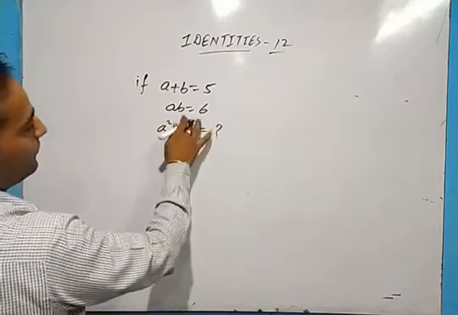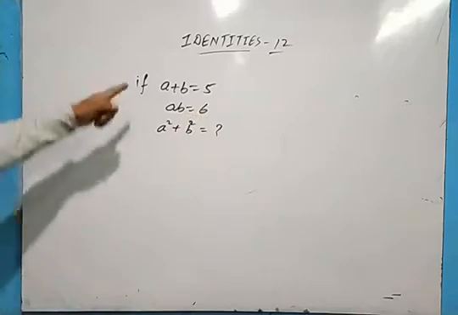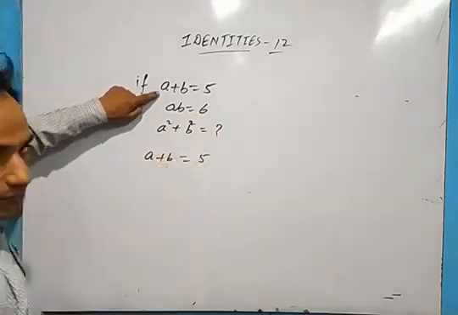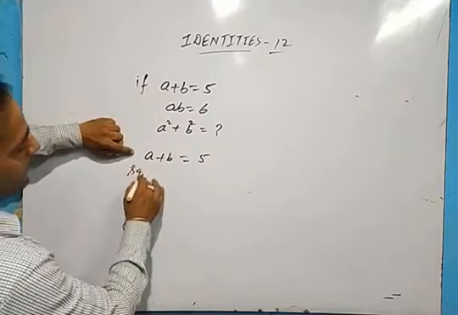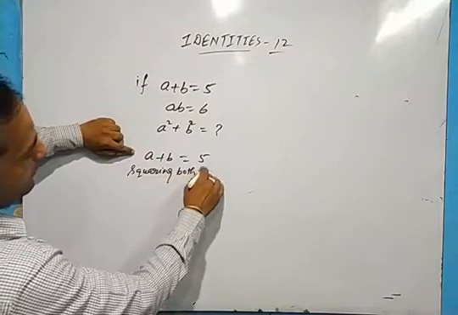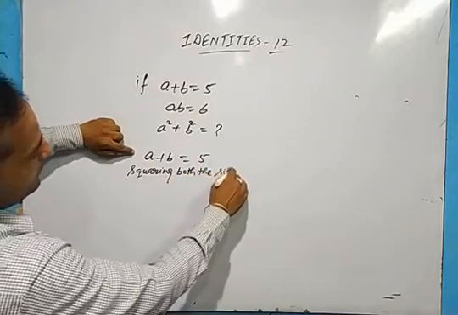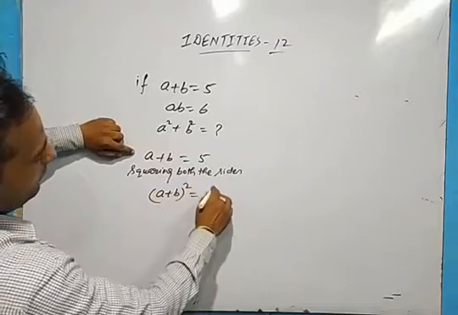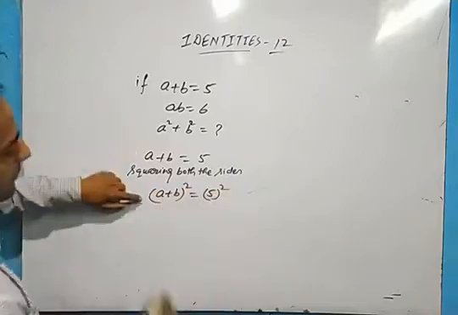Now we have given a + b is equal to 5, so squaring both the sides, (a + b) whole square is equal to 5 square.